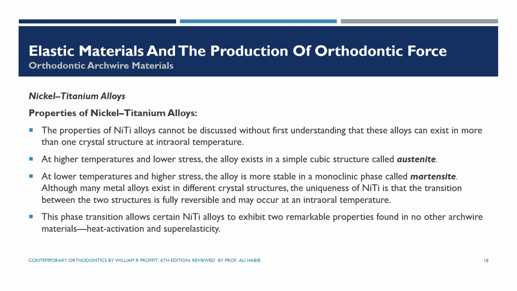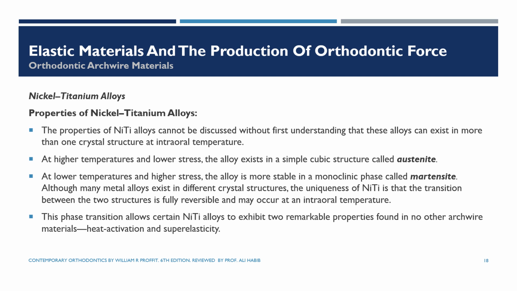An important property of nickel titanium alloys is the poor formability, it's a non-bendable wire, and at the same time high springiness of the wire. So if we look at the curve of nickel titanium alloys, you'll find it more horizontal, as I mentioned earlier, than the stainless steel wire. So as I said, if we have a more horizontal slope or curve, we expect the wire to be less stiff and more springy.